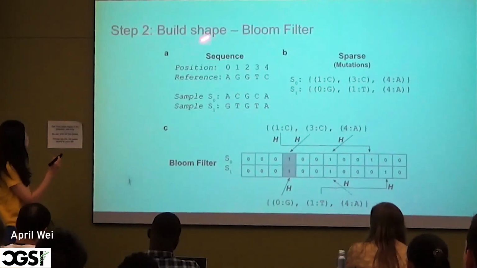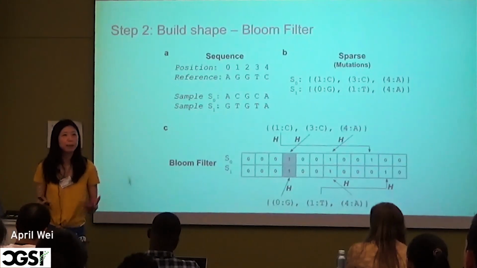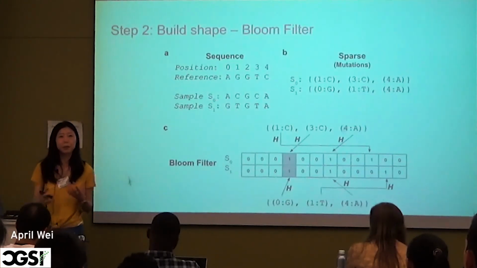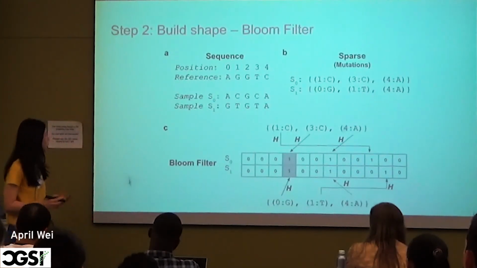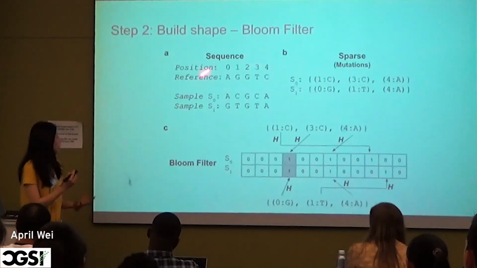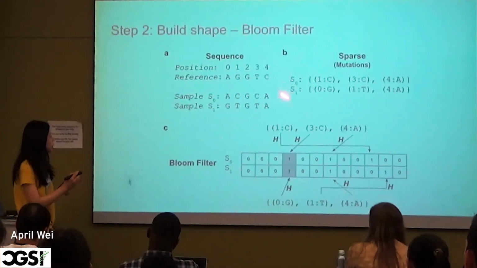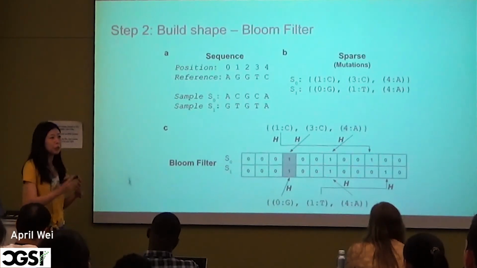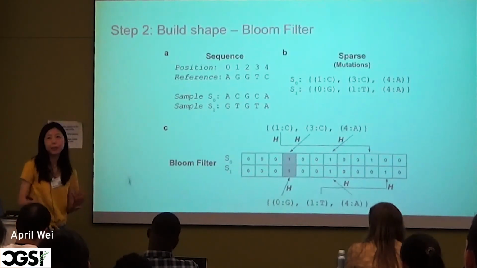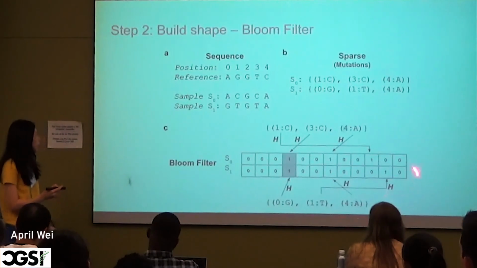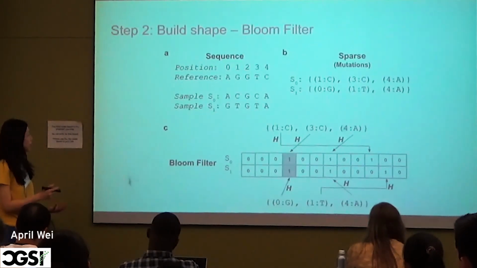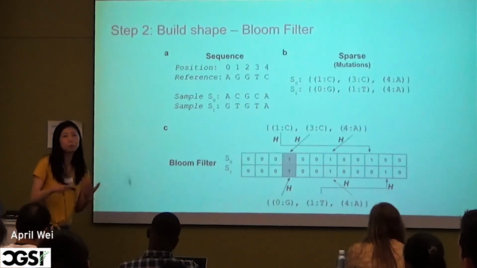One is how we build a shape, because we need to organize the haplotypes based on their relatedness to each other. To do this, we start with this regular sequence space, and then we use a sparse representation of the genetic variation for these samples, and then we further use a Bloom filter to project it into the Bloom filter space.